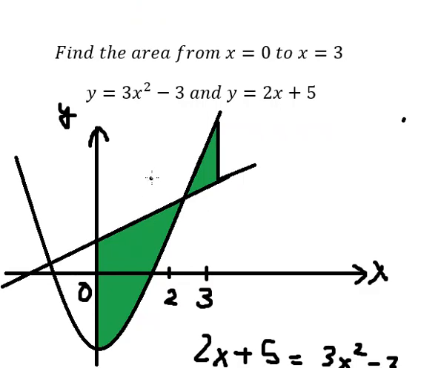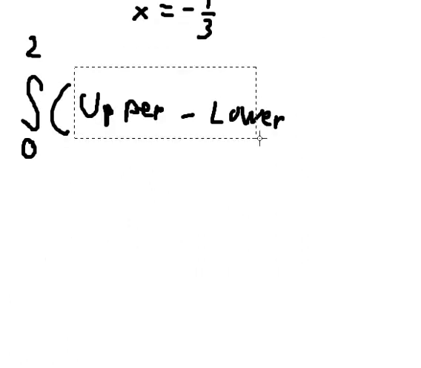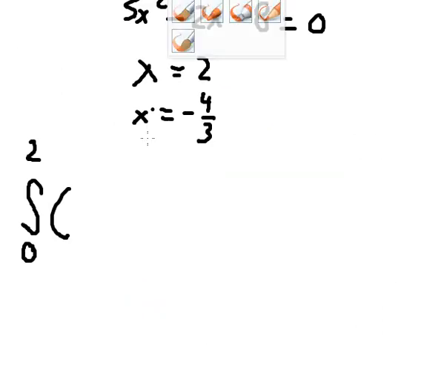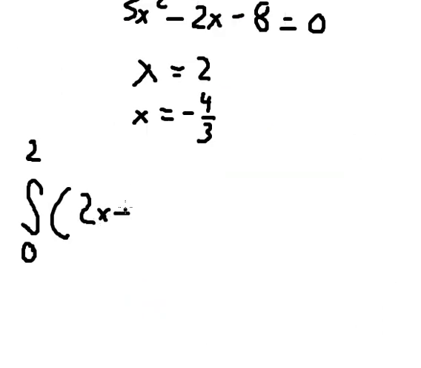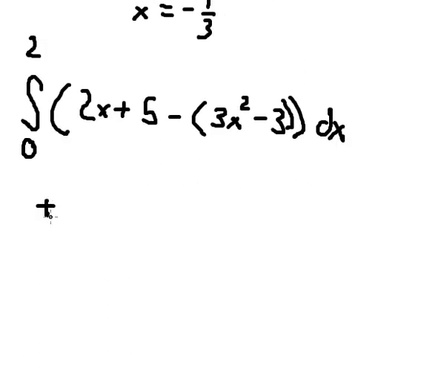The upper function, that is this one going here. The lower function, that is this one. So we have 2x plus 5 minus 3x squared minus 3. And the next one, we have the integration from 2 to 3.